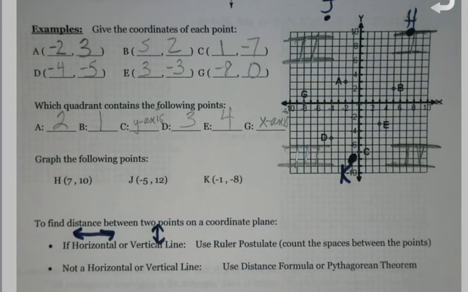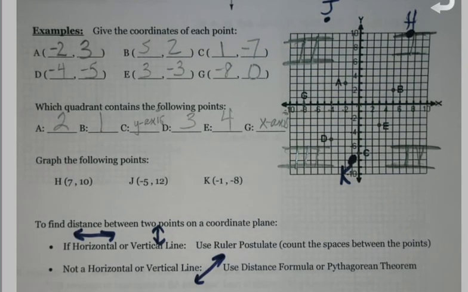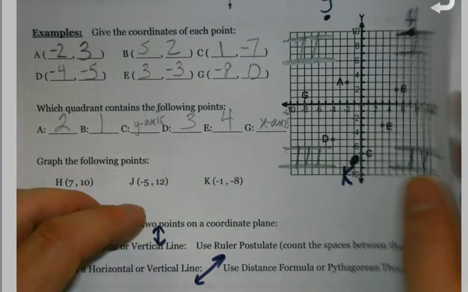That doesn't happen real often, but it's nice when it does because that's easier. But if it's not horizontal or vertical, if it's got a slant to it, we're going to use the distance formula. Or we can use the Pythagorean Theorem if you've got some introduction to that, which is more visual. So I'm going to show you both today, and hopefully you can find one that works pretty well for you.